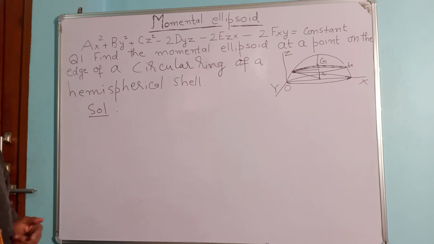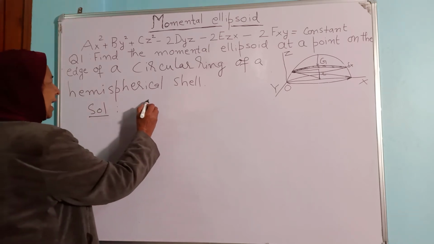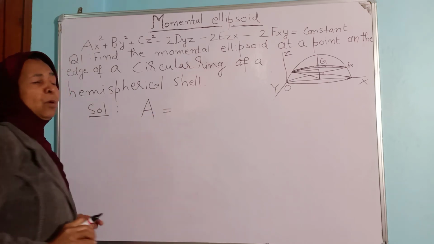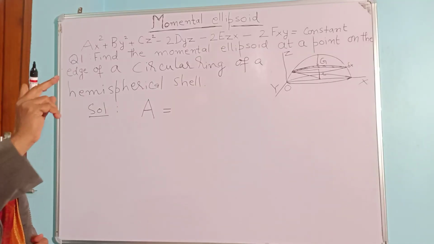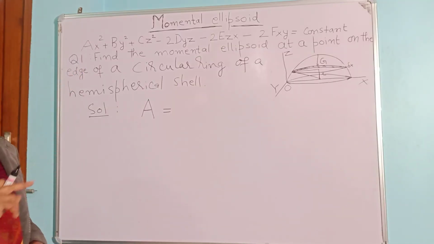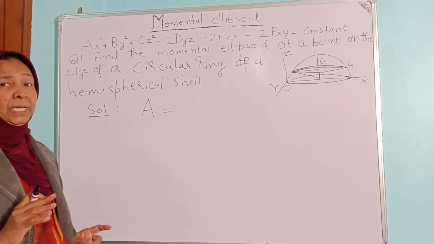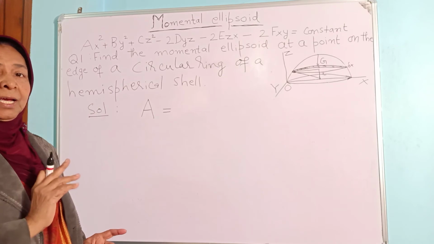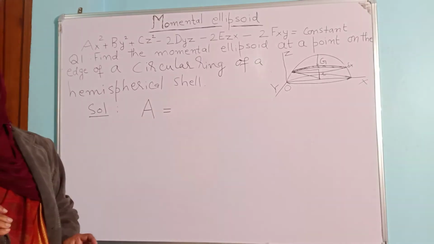So, again, we have to find similarly the values of A, B, C, D, E, F. Now what is it? It is known to you. Moment of inertia of a circular ring. Here the section will no more be a disc. It will be a ring whose width is delta x.